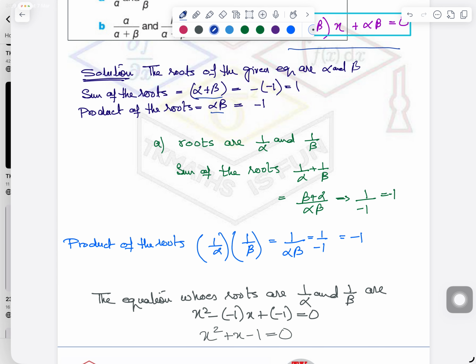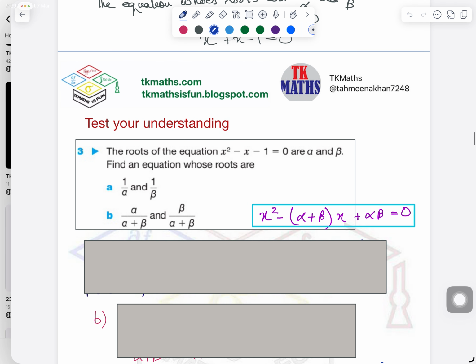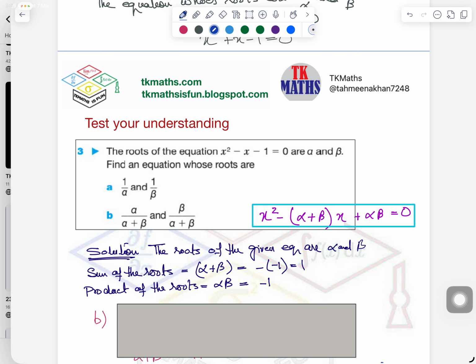So you will get your equation. Second part of the same question. So this part is the same. Just for the sake of revision, we know that alpha plus beta for the equation is equal to minus b over a, and alpha times beta equals c over a, right?